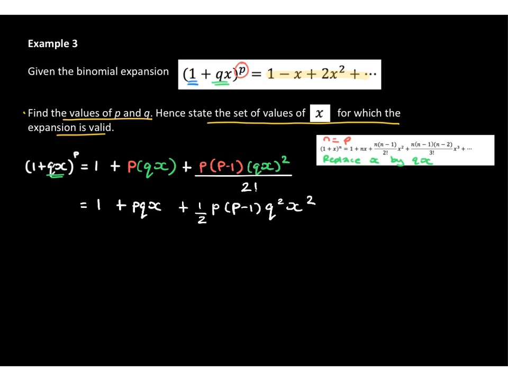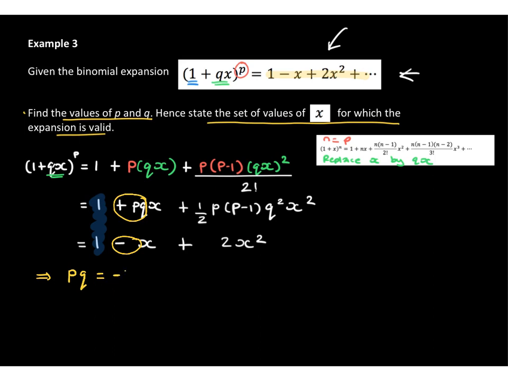Now, we need to compare this to the result that we were given up here. So this must be equivalent to 1 minus x plus 2x squared. So you can see straight away that the ones compare very easily. But what else? So the coefficients of x must be the same, which tells us that pq has got to equal negative 1.